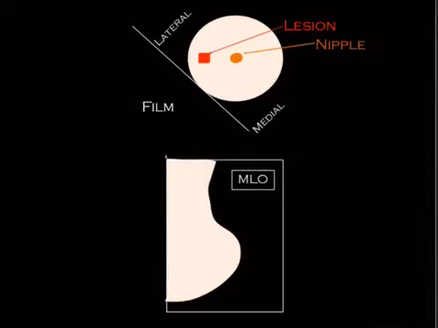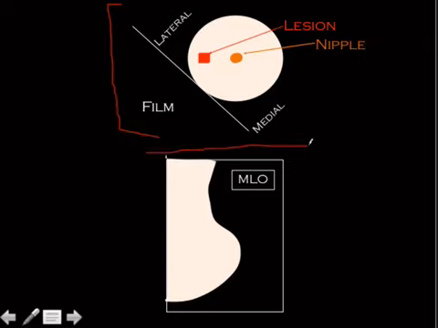The top image is showing you real time the patient actually getting the mammogram. And the bottom image is what's actually going to show up on the film for you to see. So you're only seeing this part. This is the part the tech is seeing, and we only know the lesion is here for the purpose of illustrating this technique. So the medial lateral oblique is obliqued.